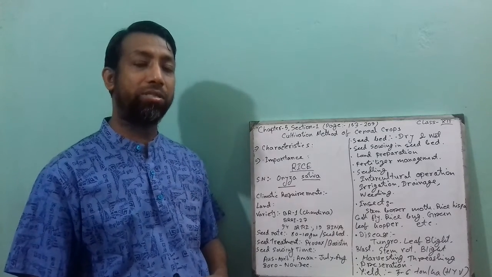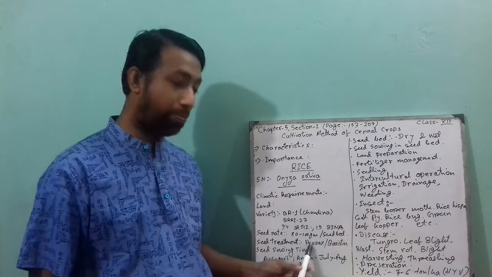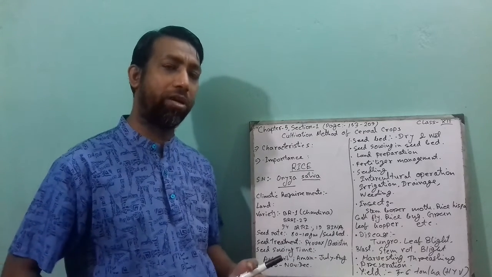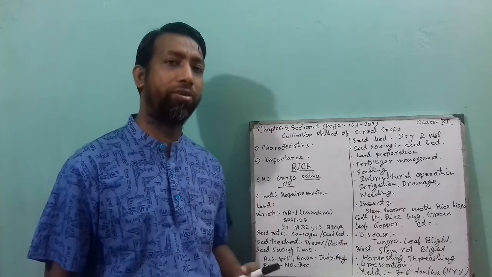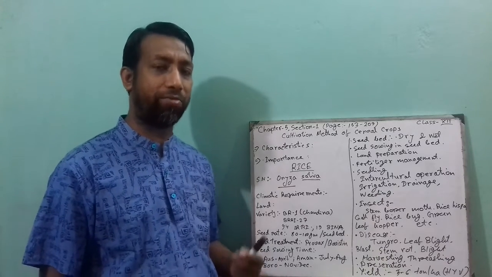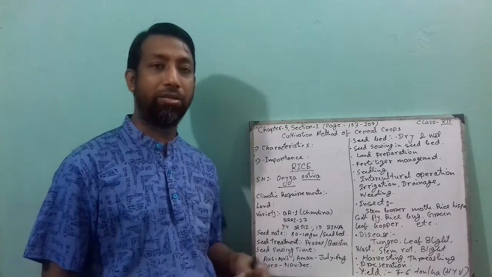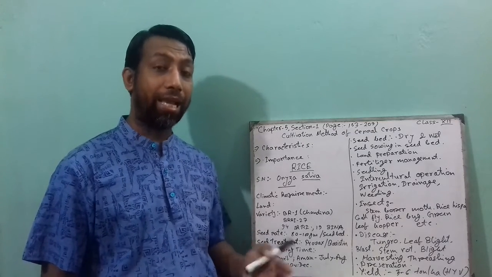You can use some fungicide like Provax and Bavistin. There are lots of approved seed fungicides and insecticides in the market. You can use them according to the advice of the agriculture officer.